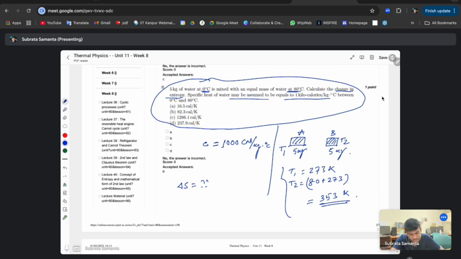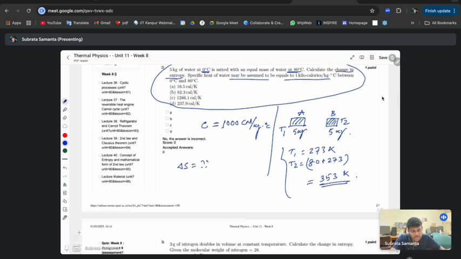So this is basically between the two temperatures, 0 degree and this. Now they are allowed to mix, and we calculate the change in entropy. So how do we calculate the change in entropy? What is the formula for this mixing of system A and system B?